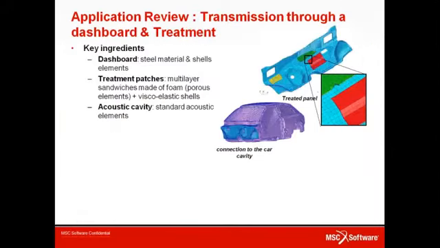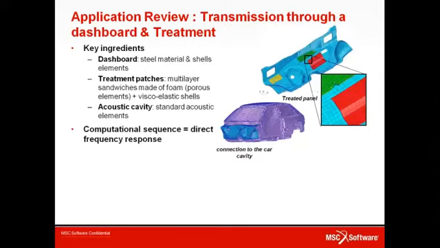The next example concerns the transmission through a dashboard and the evaluation of the efficiency of sandwich patches. The key ingredients for such model are the shell elements for the dashboard, the porous and visco-elastic elements for the sandwich, and the acoustic elements for the car cavity.